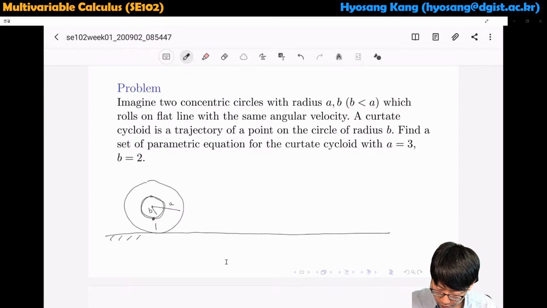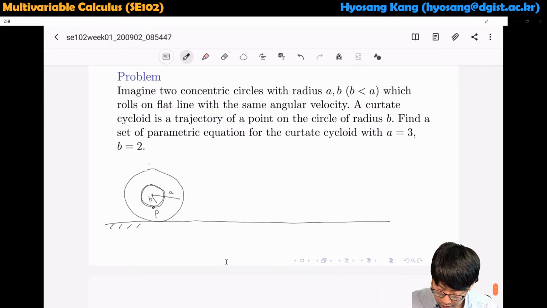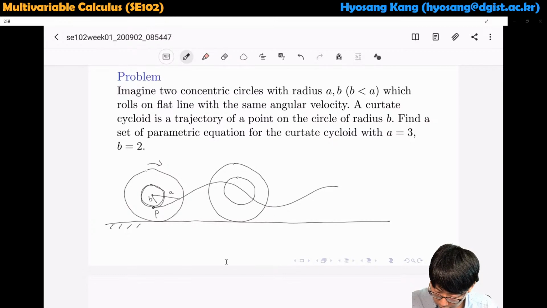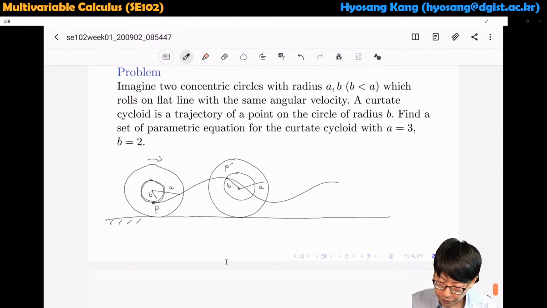Okay, so this is our point P, and when this larger circle rolls, there's a trajectory of P this way. If the larger circle is right here, then point P has moved up here. This is b and this is a. Let's say P prime.